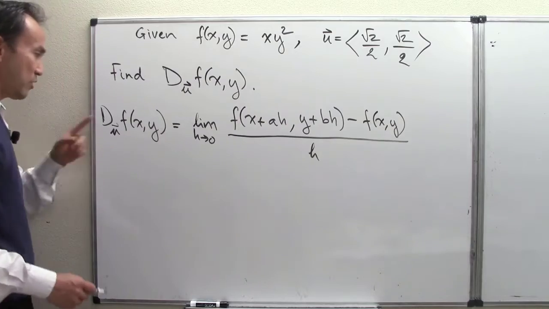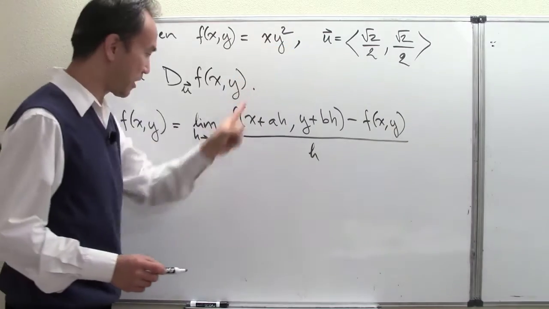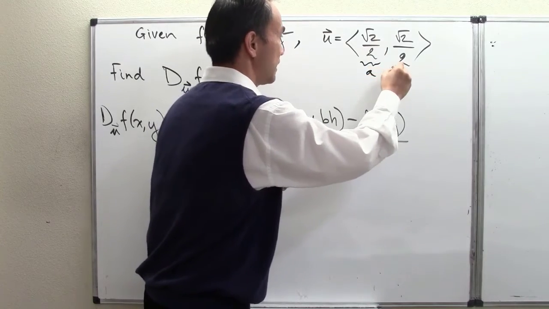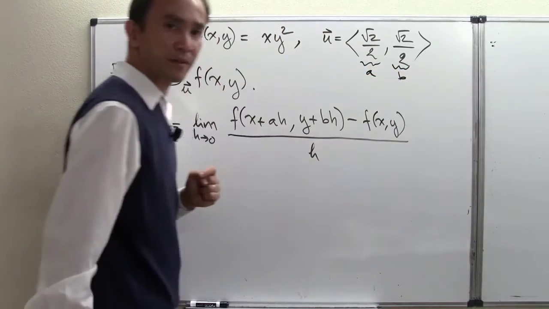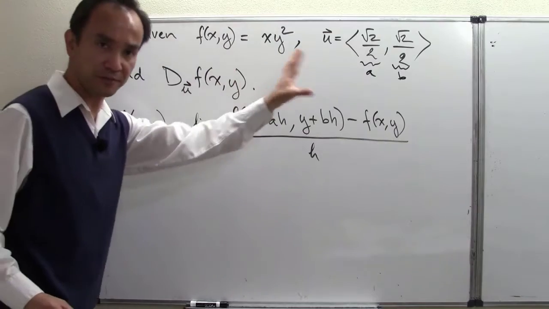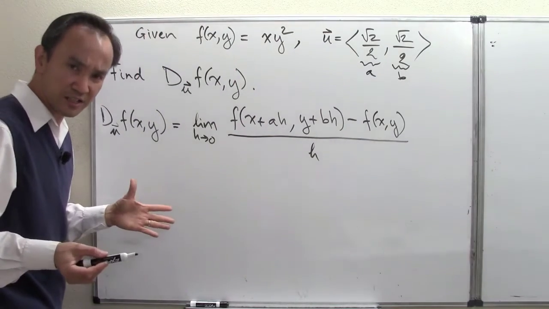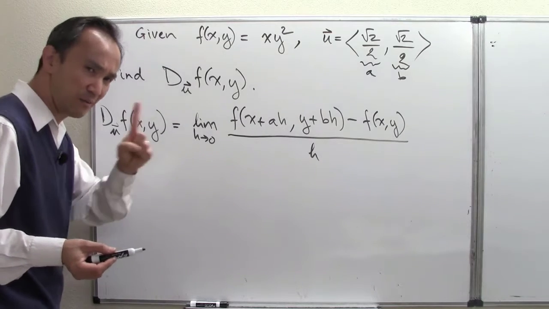Now specifically for this problem, this vector u has component square root 2 over 2 for a, and square root 2 over 2 for b. So now I am substituting that into the formula. Anyone learning in this lesson who is comfortable enough in math, allow me to do the following.